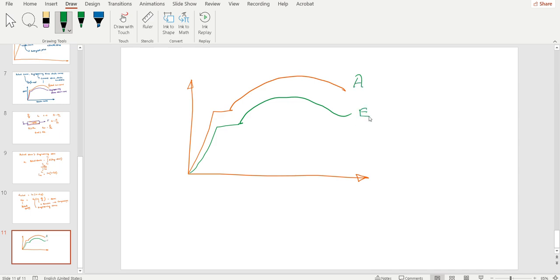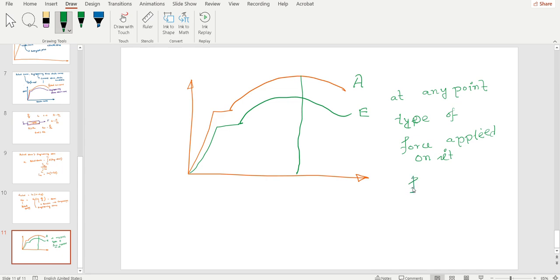At any point, can you understand the type of force applied on it from this graph?